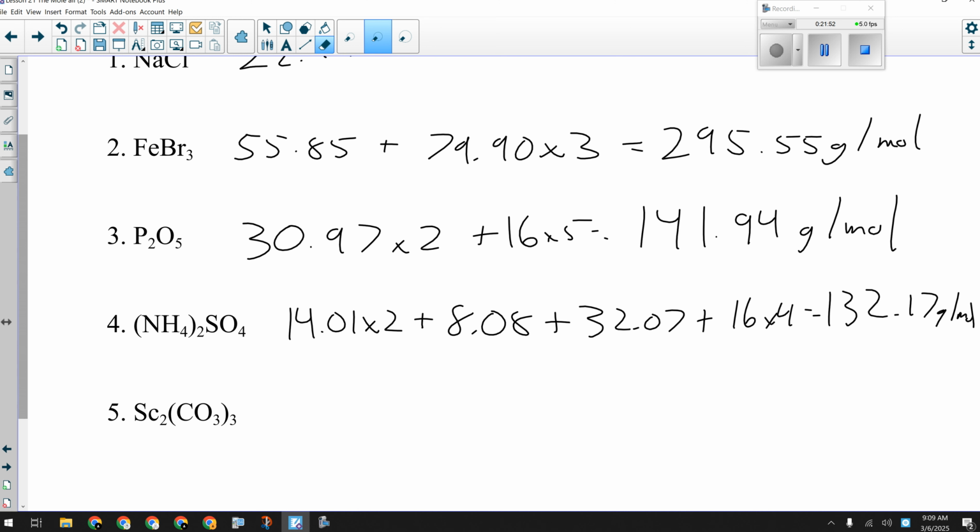Anybody want more time on 5? Let's look at number 5 as well then. We've got scandium carbonate. How many scandium do we have? 2. I don't know what that is for scandium. 44.96. So 44.96 times 2 plus how many carbons? 3, so 12.01 times 3, plus how many oxygens? 9, since 3 times 3 is 9.